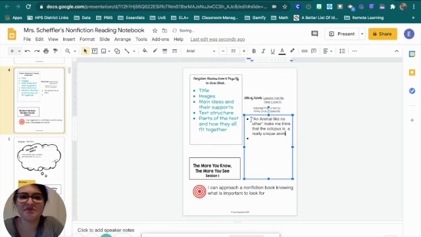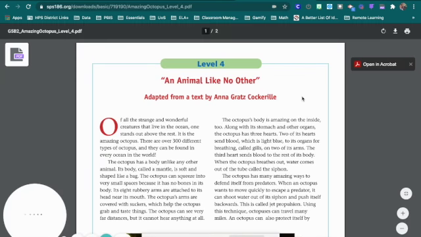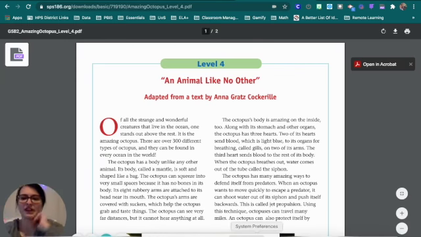Makes me think there's not much like it. So right away, before I even began reading this article, I can tell that there are some cool and important facts jumping out at me. So follow along in your copy of the article as I begin reading.